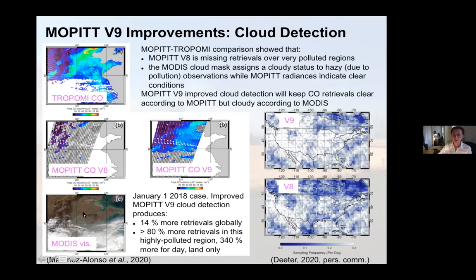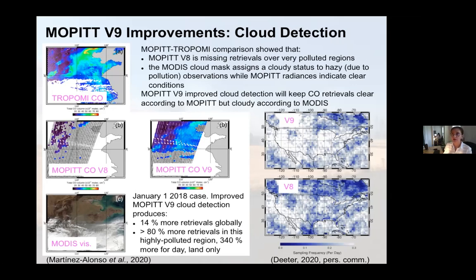And if you look at the MODIS visible, you see that the northern half is cloud-free. There are clouds in the south, but not in the north. So what was going on? We went back, analyzed how we were doing the cloud detection, and realized that, and I should say this, MOPITT cannot retrieve in the presence of clouds. So to detect clouds, we use both MOPITT radiances and MODIS radiances.